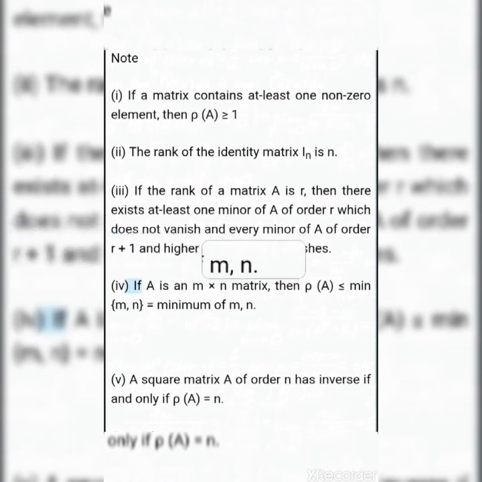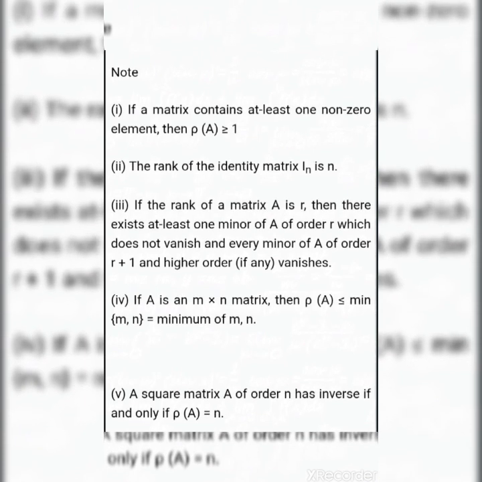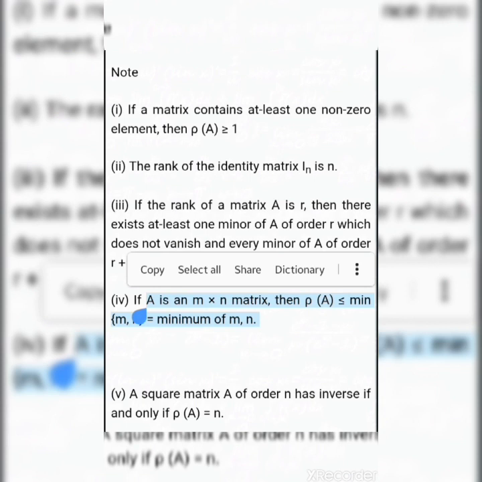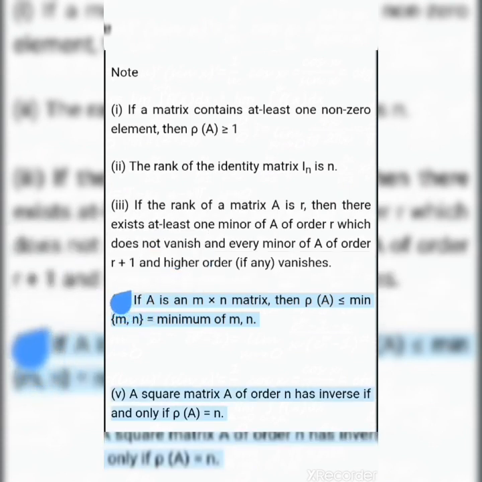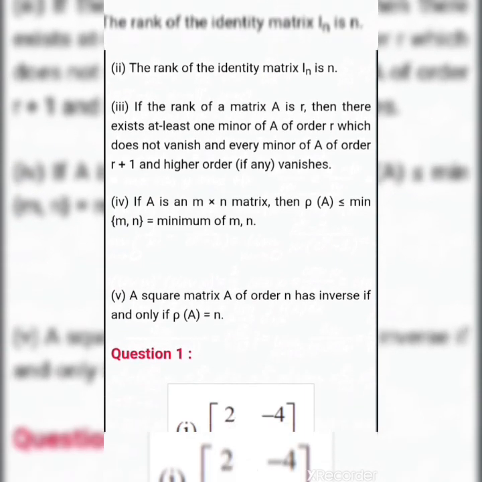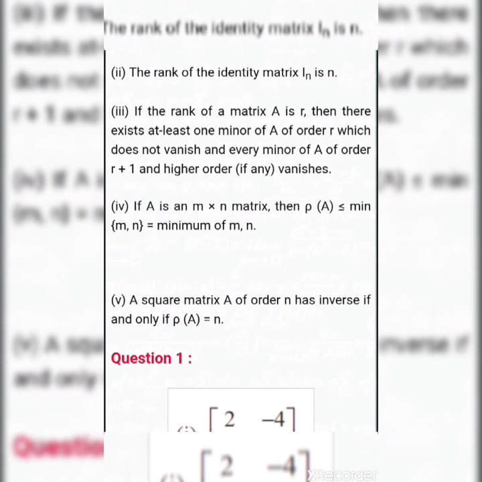Fourth point, if A is a m by n matrices, A is a m by n matrix, then rank of A less than or equal to minimum of m comma n, minimum of n comma n. Fifth point, a square matrix of order n has, if and only if rank of A equal to n.